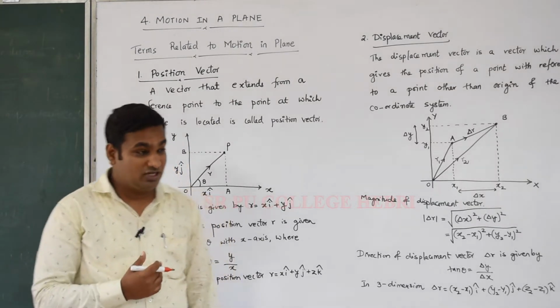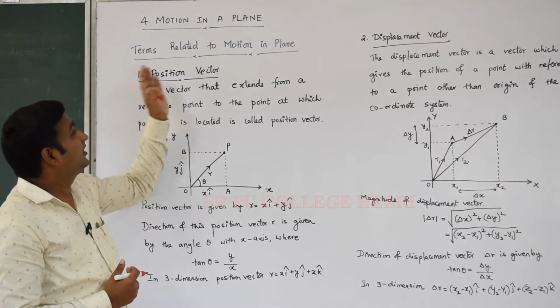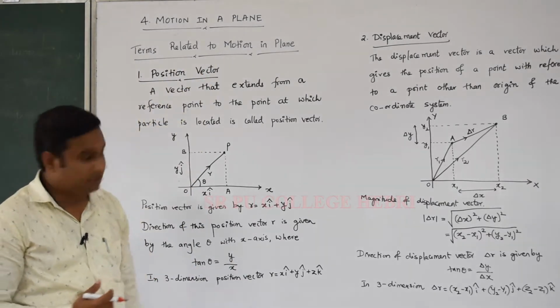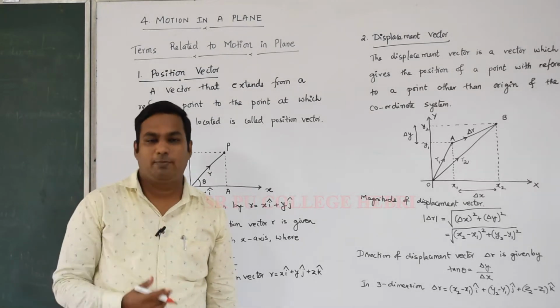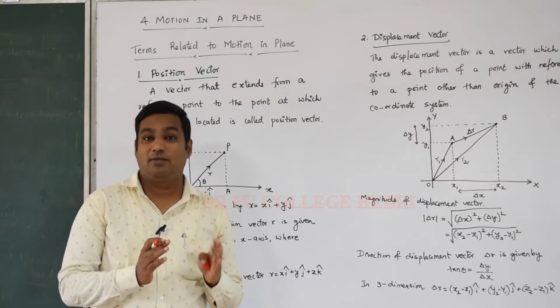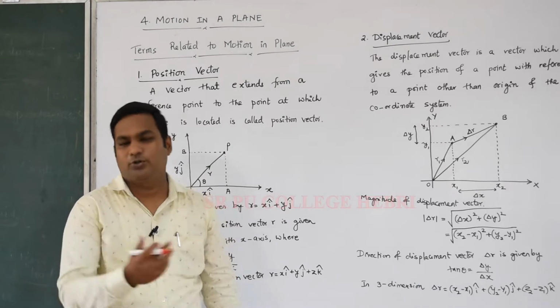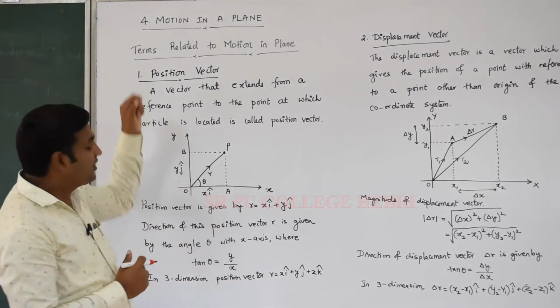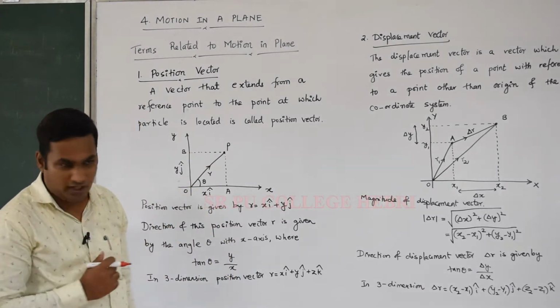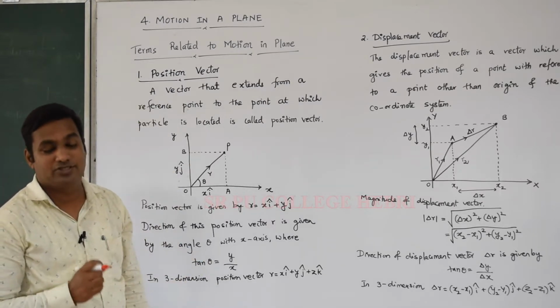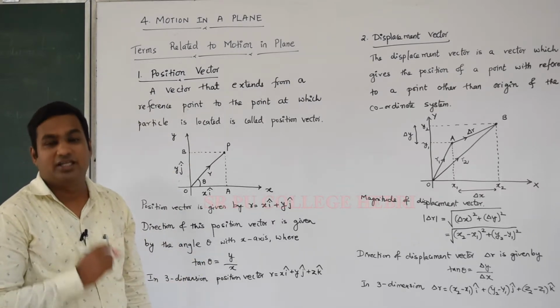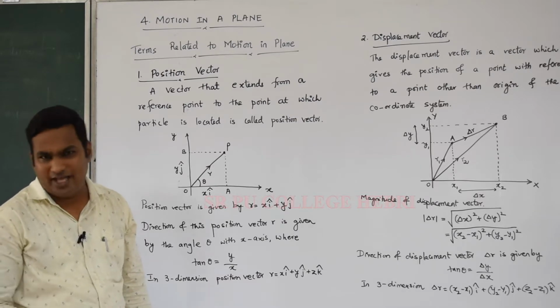And today we're going to start the terms related to motion in a plane. To understand the motion in a plane, a few terms depending on vector concept are required, and we discuss all the terms one by one. The first important term is called position vector, to represent the position of a particle in case of 2 dimension or 3 dimension.